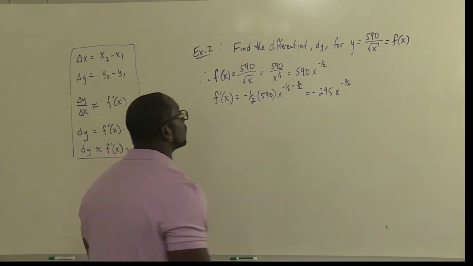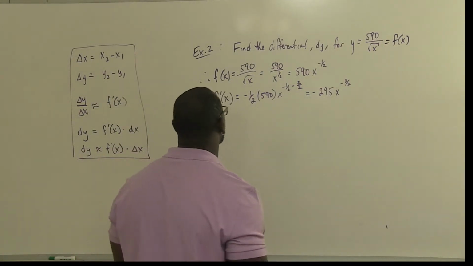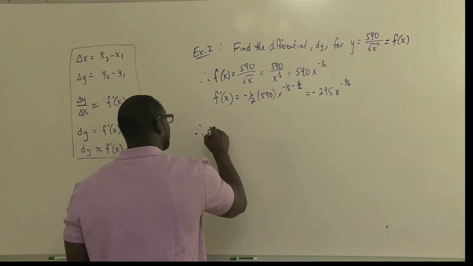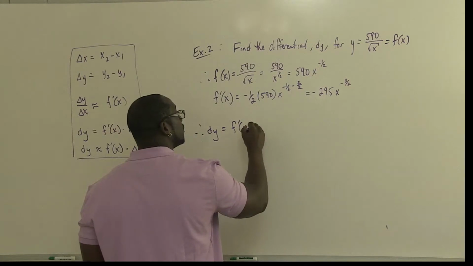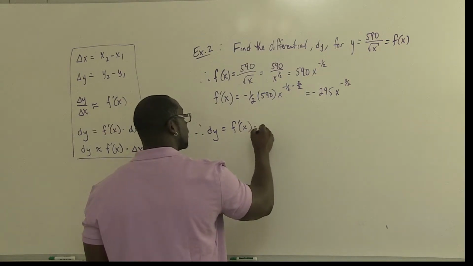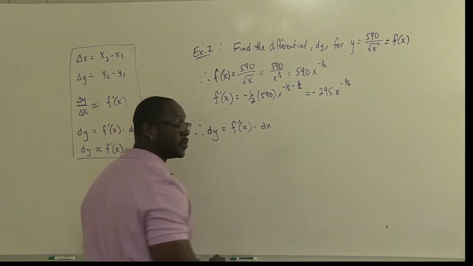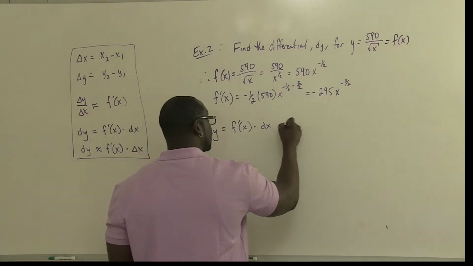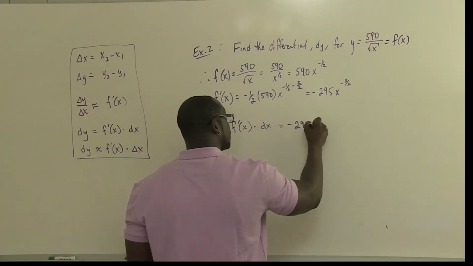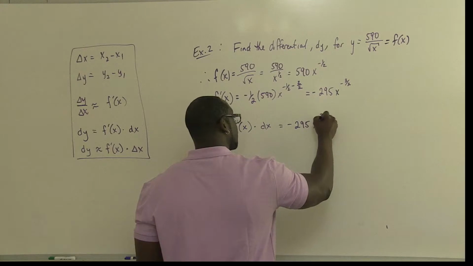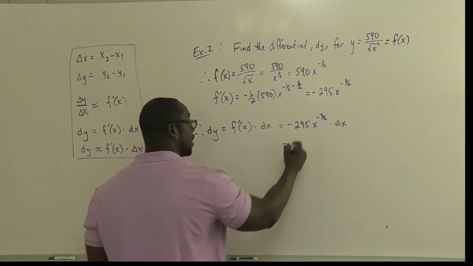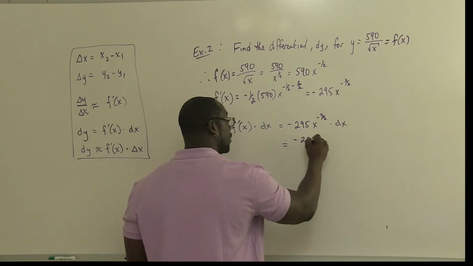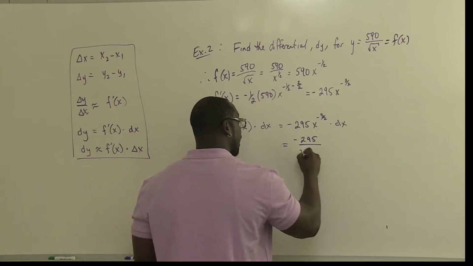Now from there, we'll just say our differential is f prime of x times dx. So this gives us this times dx, and of course, if we want to put it in the same form that we started with, we will have the following.